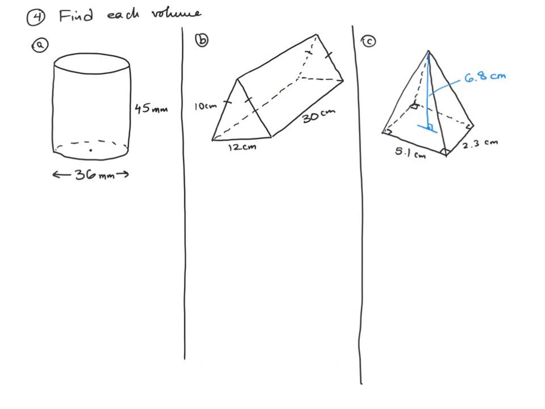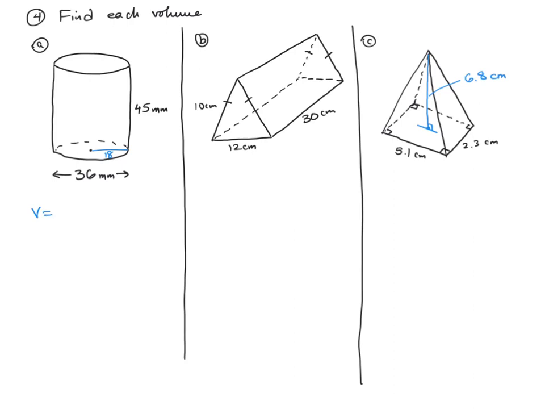All right, so now we're going to do volume. First of all, this one is a cylinder, so the volume of a cylinder is pi r squared h. Well, I don't know the radius, but I do know the diameter, so the radius is just going to be half of that, so 18. So that's going to be 18 millimeters.